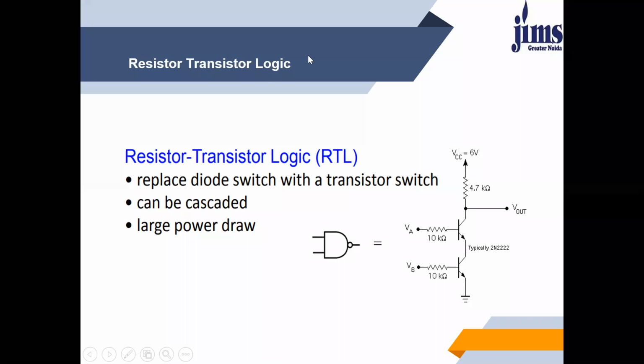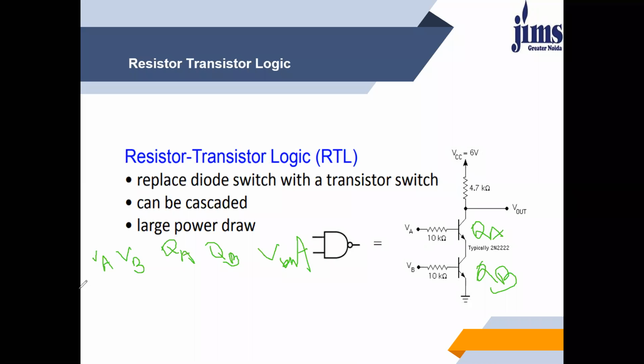So again, we will make a table with VA, VB, and this is transistor QA and another is transistor QB, and accordingly V out.